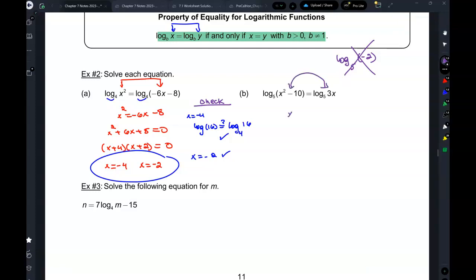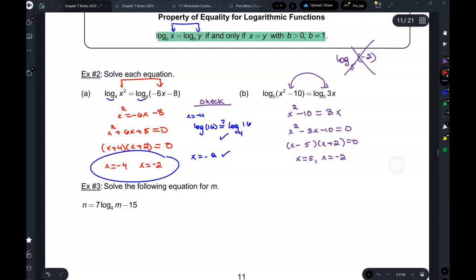We set these equal to each other. Let's solve them. Does that factor? x minus 5, x plus 2, x equals 5, x equals -2.